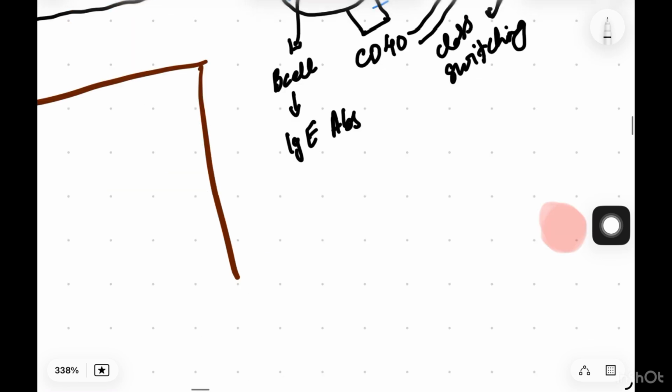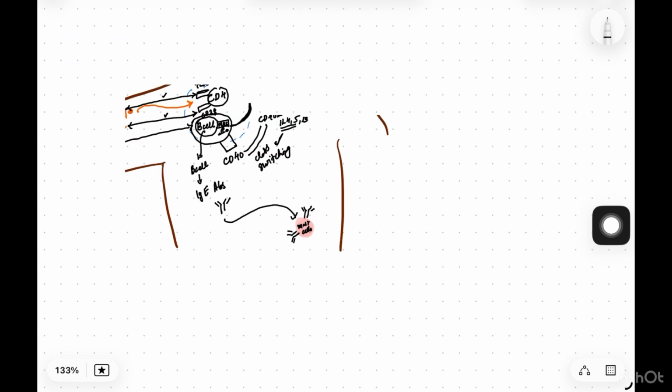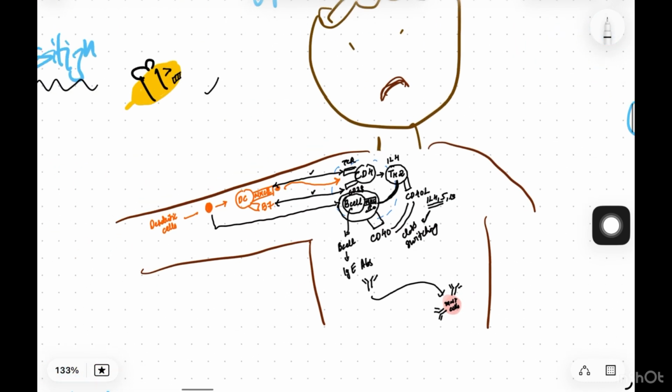These IgE antibodies will go and stick onto cells called mast cells. So a bunch of these IgE antibodies will go plant themselves onto mast cells. This is the sensitization phase, where essentially your immune system has primed itself to this particular antigen.